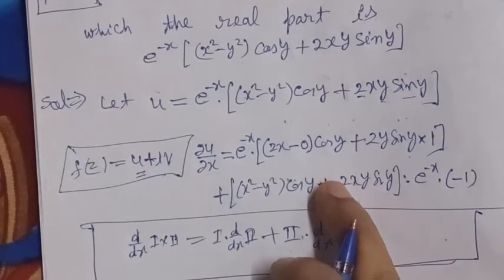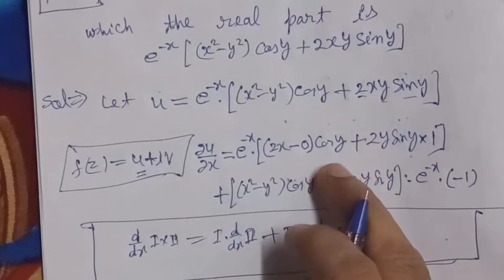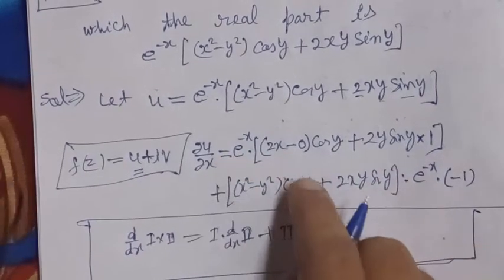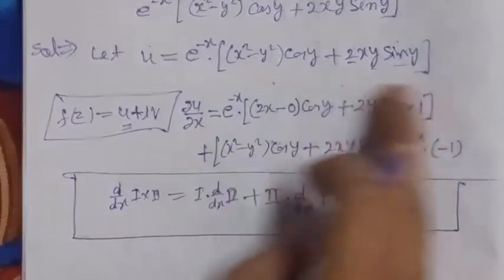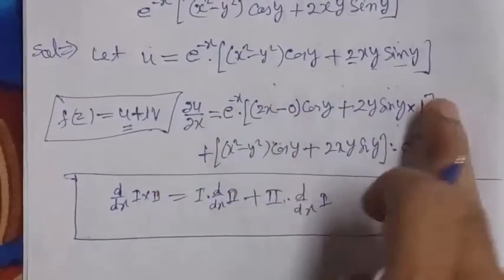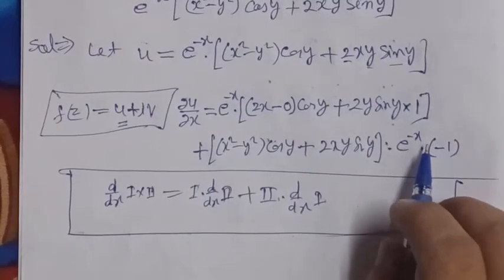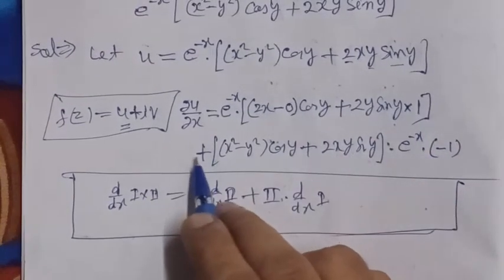Now I write it again. e to the power minus x is common in both terms, and this minus 1 changes the plus sign into a negative sign.